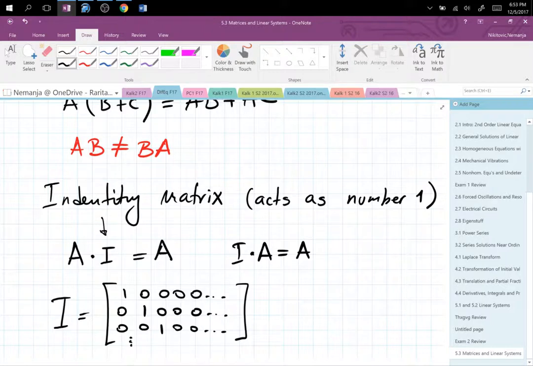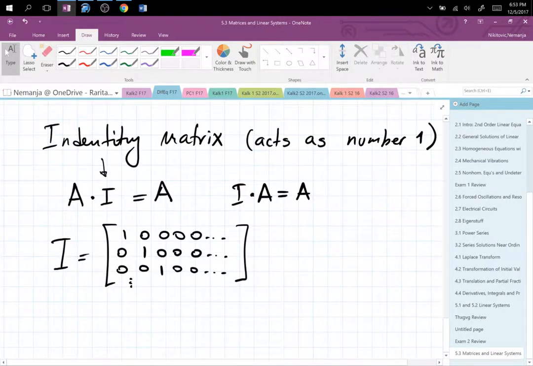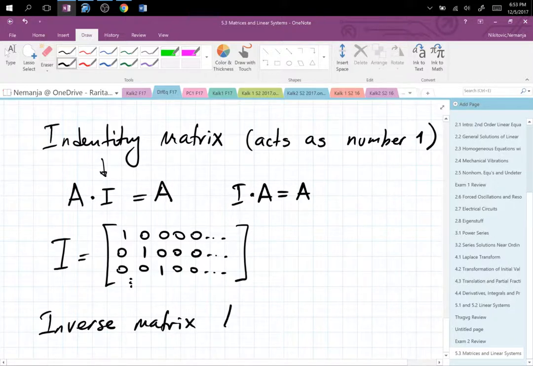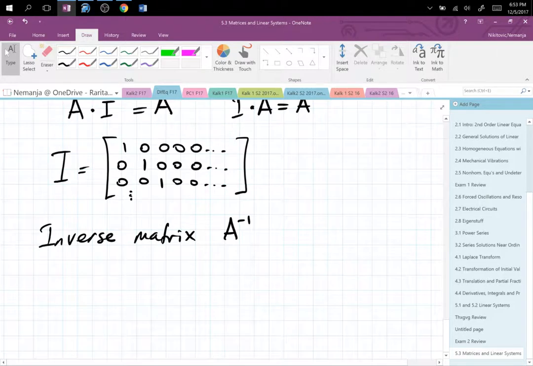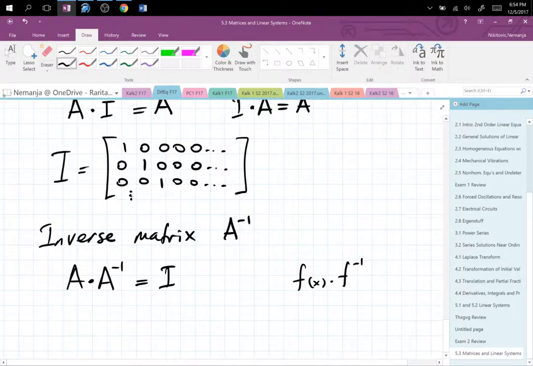And we are finally getting to the place where we are defining an inverse, because we need this. Inverse matrix, A to the minus 1. So first off, A times A to the minus 1 is going to give you an identity matrix I, which is really good because we have that a function composed with the inverse of the function gives you x back, right?